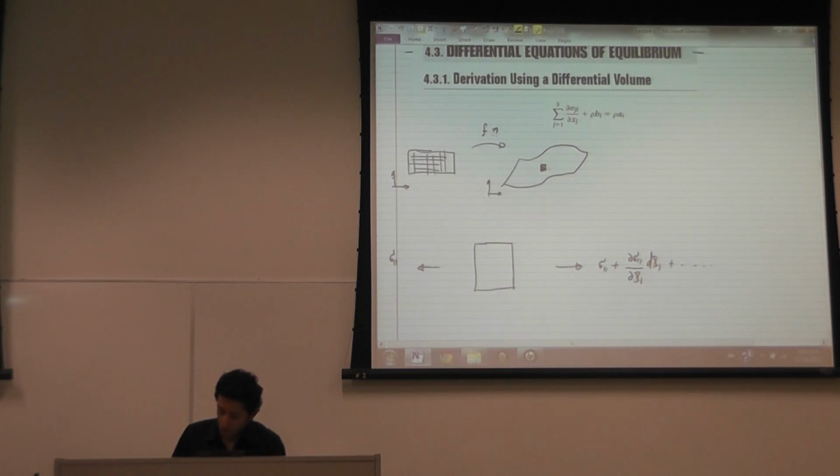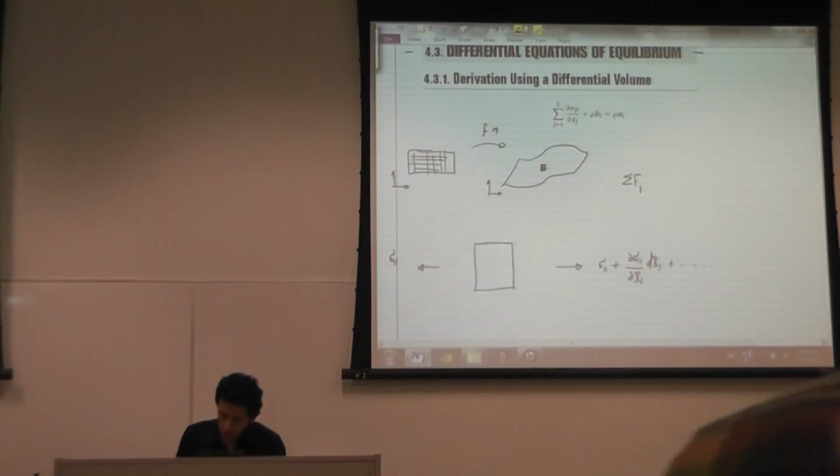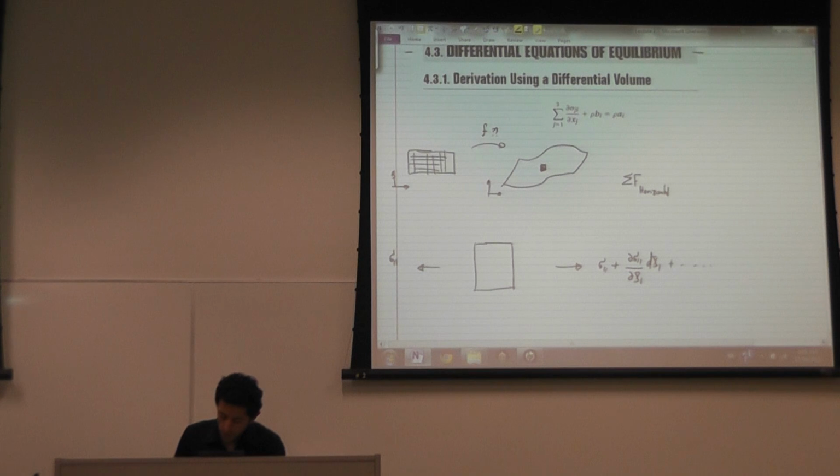The equation that I'm interested in right now is the sum of forces in the horizontal direction, which is the direction of E1, equal to mass multiplied by the acceleration in the direction 1, or equal to 0 if I'm doing a static analysis.